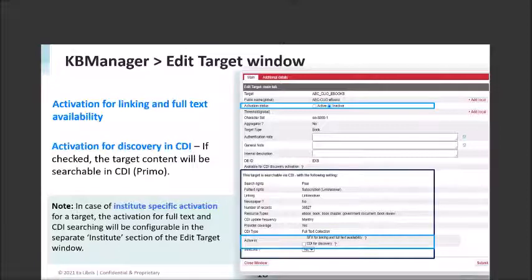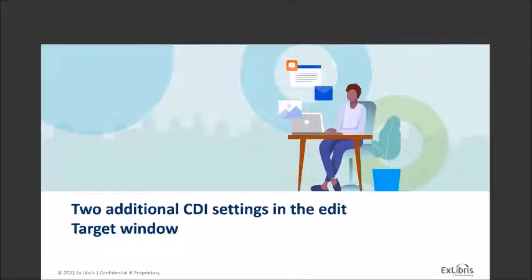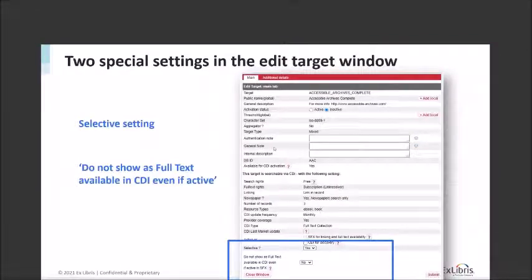All right, so this is the Edit target window. Now I want to go into two additional settings in CDI in the Edit target window that need a little bit more explanation. So I talked about the window itself, the information about this specific target and what the collection is in CDI and what its properties are, what kind of searching and linking it has.